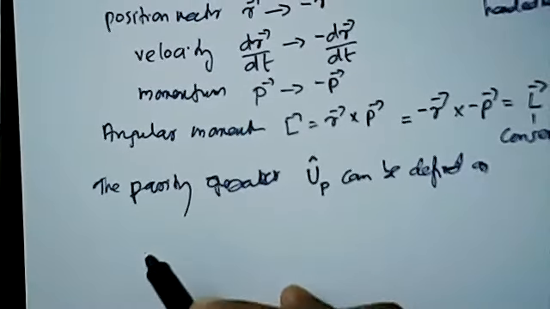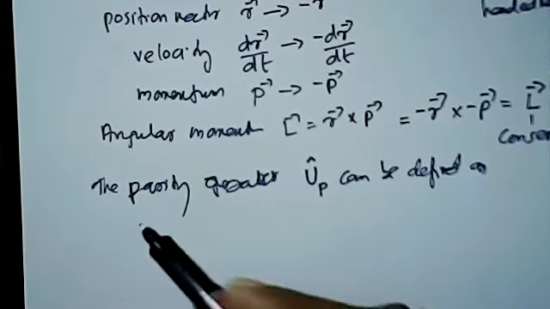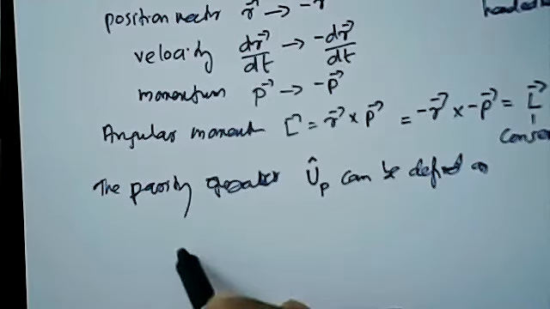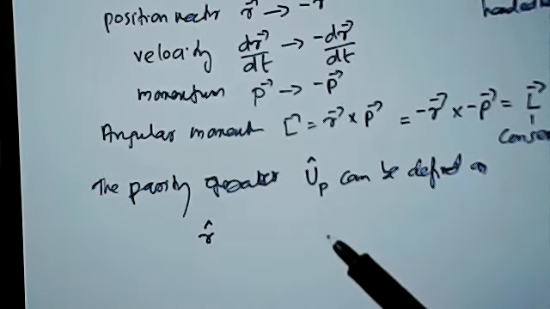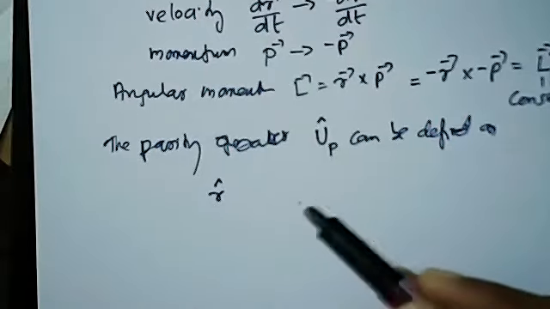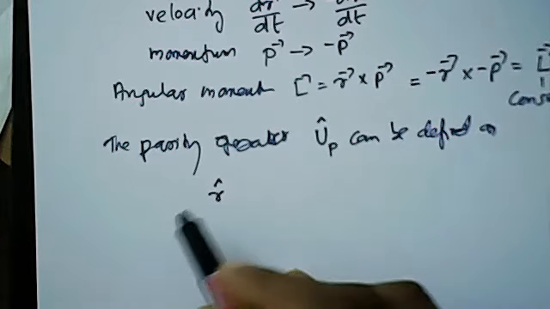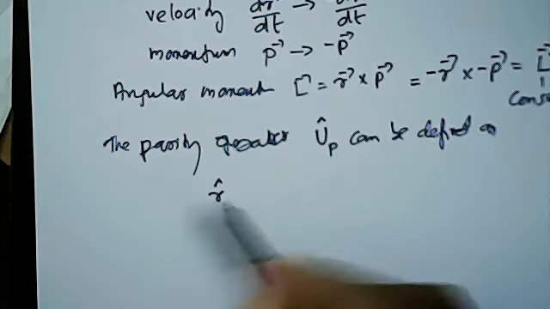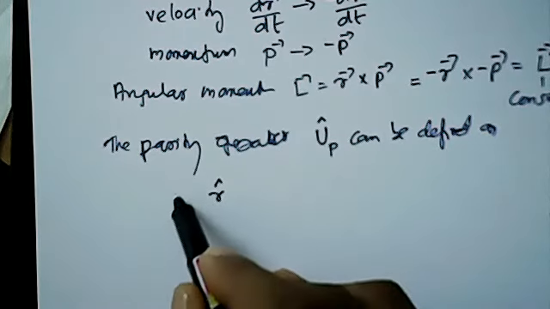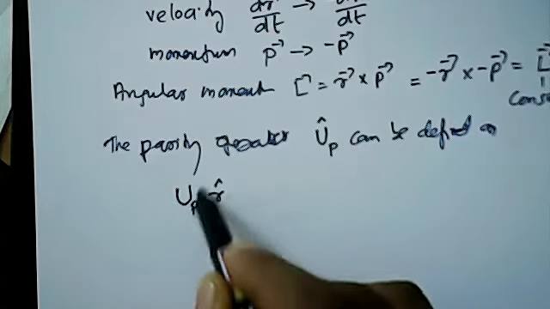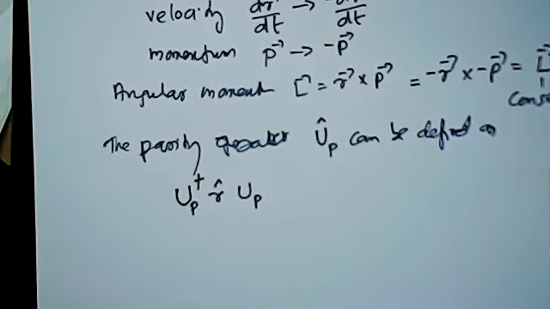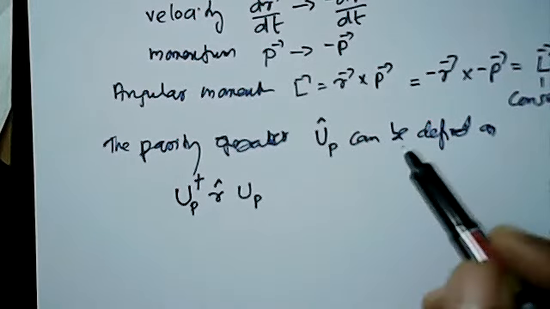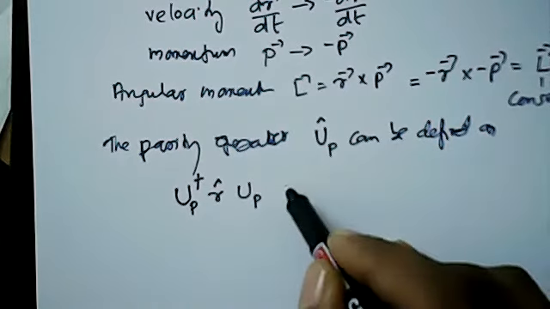How can the operators be transformed under a unitary transformation? So suppose the operator is R, position vector R. Then you do the similarity transformation by a unitary operator on R. That is UP dagger R UP.